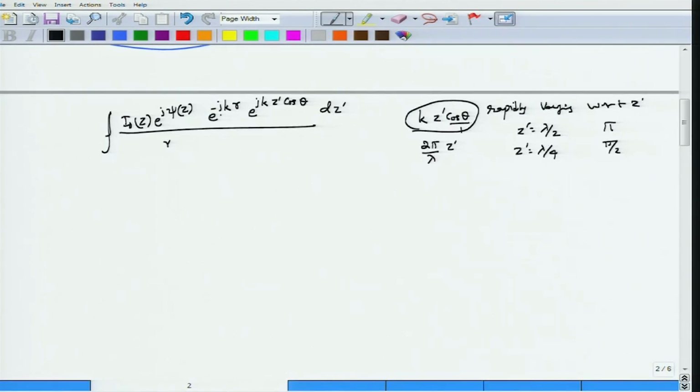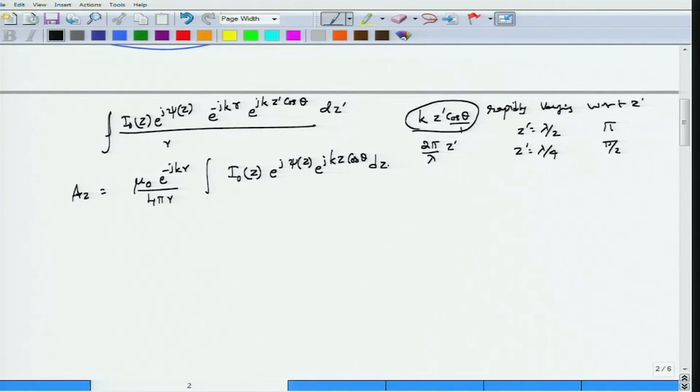So, I can move this e power minus j k r outside, I can also move this r outside, and what I am now left with is the magnetic vector potential, which is still in the z direction, given by mu 0, assuming free space, e power minus j k r divided by 4 pi r, and the integration would still have I 0 z e to the power j psi of z e to the power j k z cos theta dz.